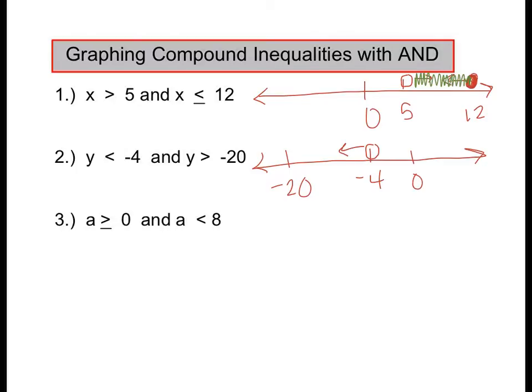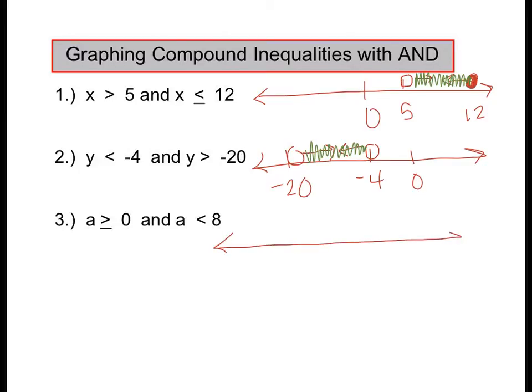And it says y is greater than -20. So I want an open circle on -20. Numbers that are greater than -20 are pointed back up here to the right towards our positives. Notice the arrows pointed in towards each other. That's what we want on an and inequality. And we're going to shade the space in between our circles, meaning y can be anything between -20 and -4.